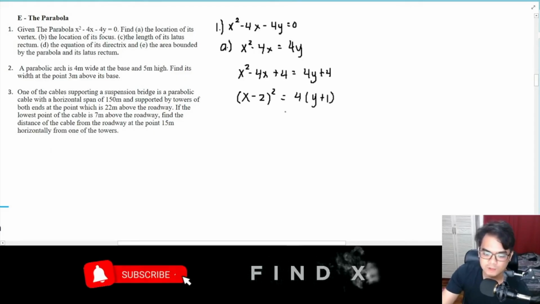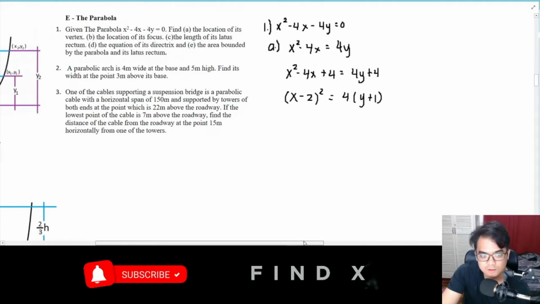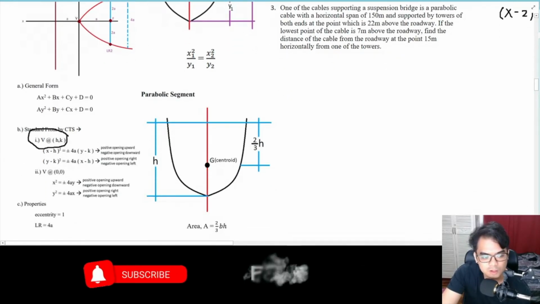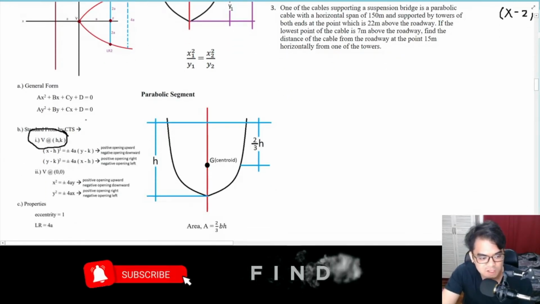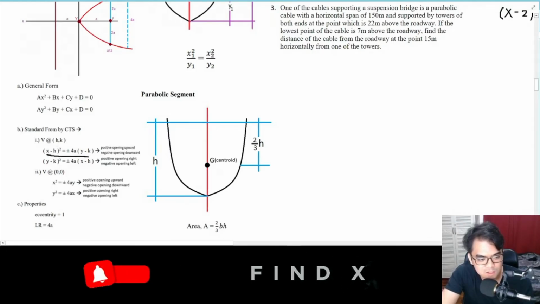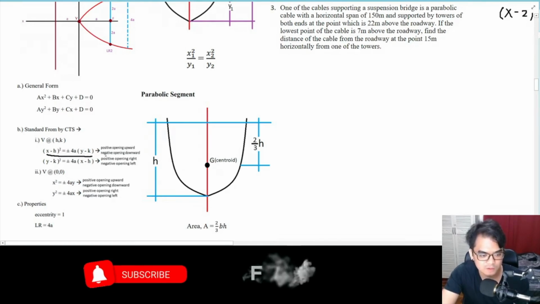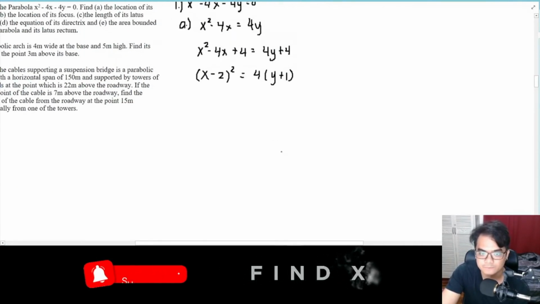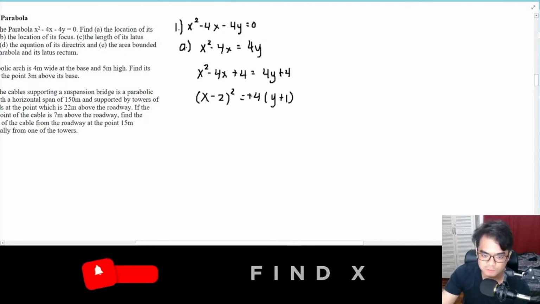Okay, so going back to the original, as you can see, this one here, that's the vertex at (h, k). So by comparison, (x minus h) squared equals plus or minus 4a times (y minus k). If it's positive, the opening is upward. As you can see, this is positive, right?